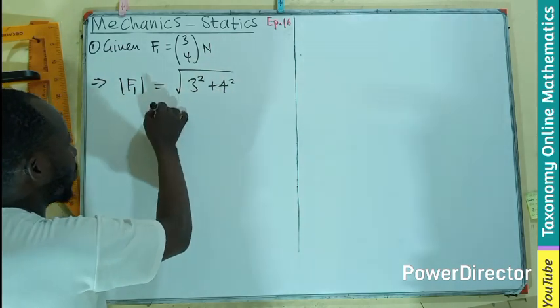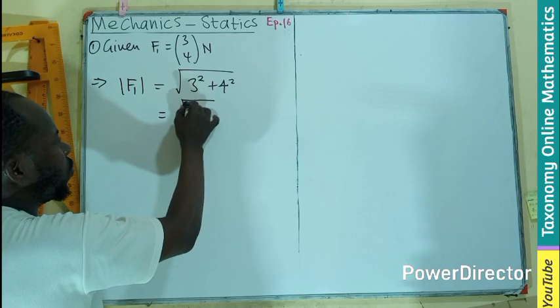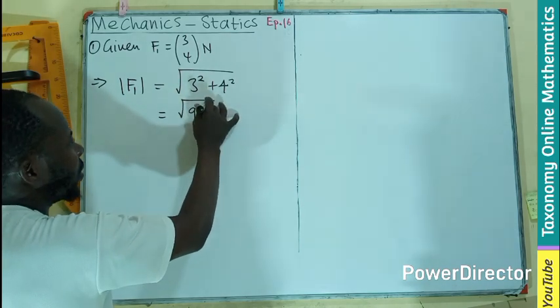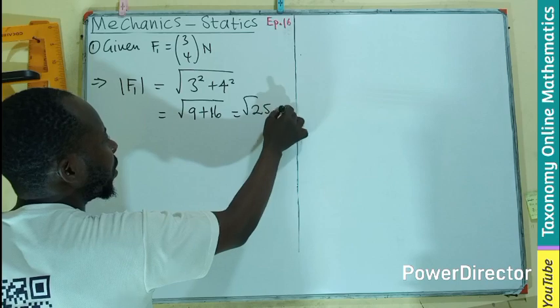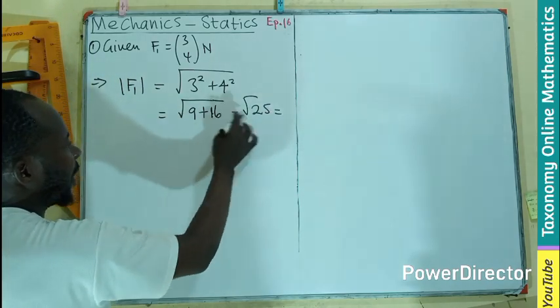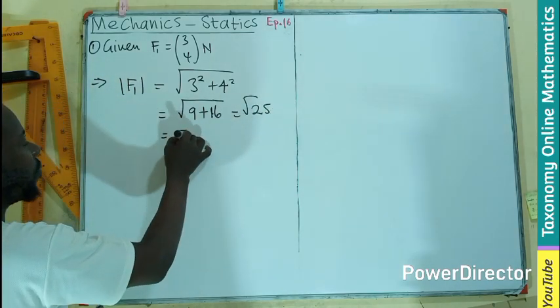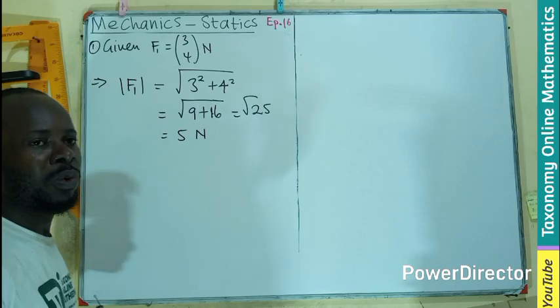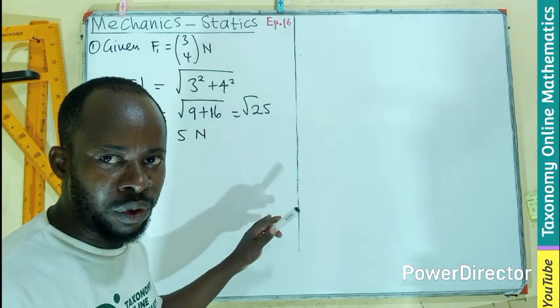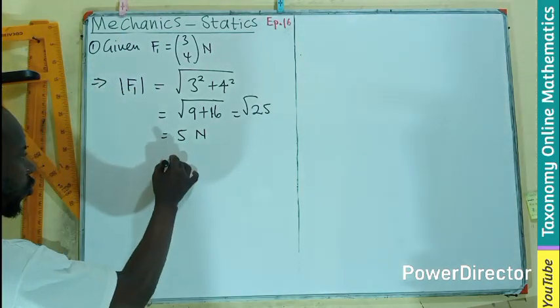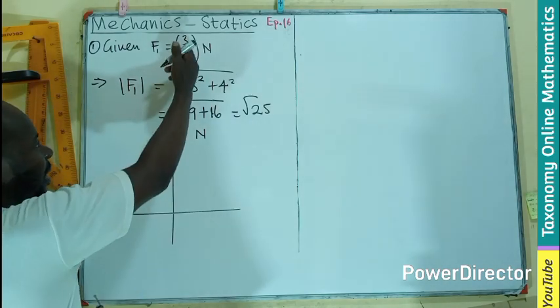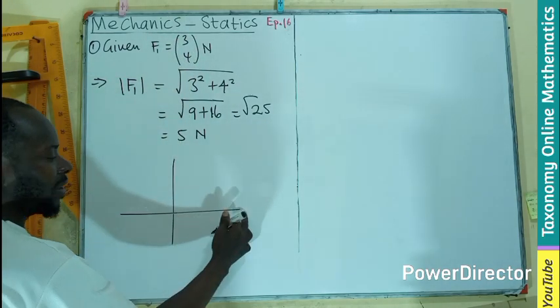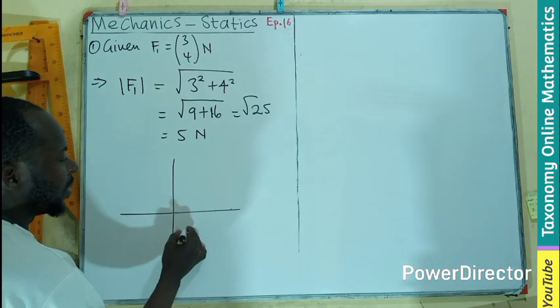And if we do this, I should have 9 plus 16 equals root 25 equals what? 5 what? Newton. So the magnitude is 5 Newton.